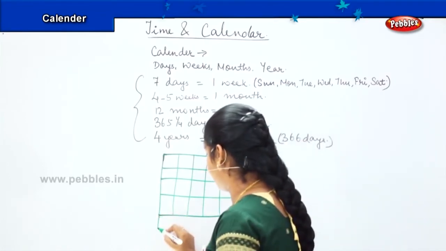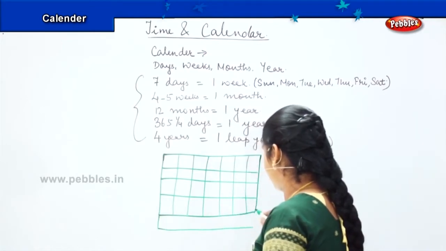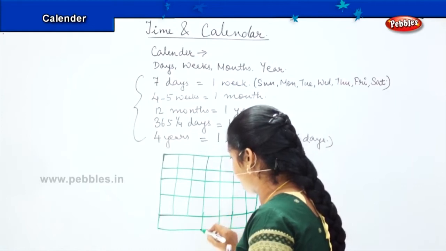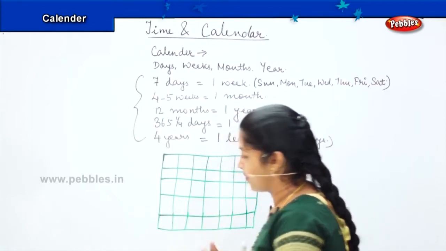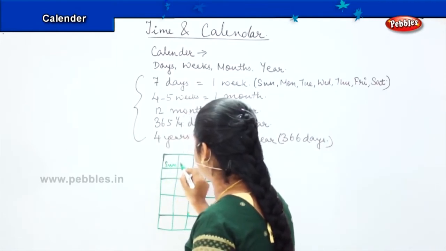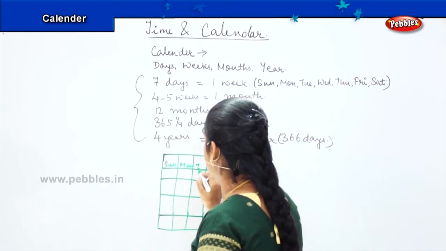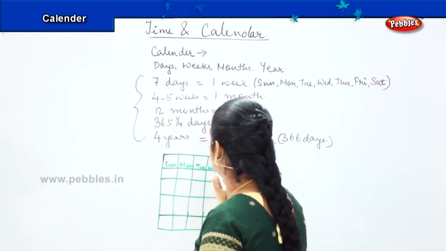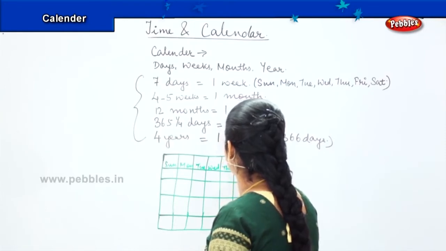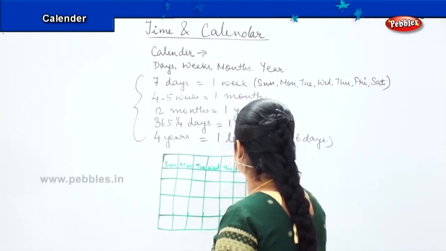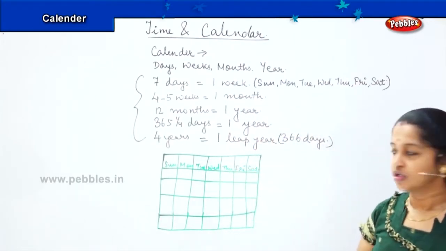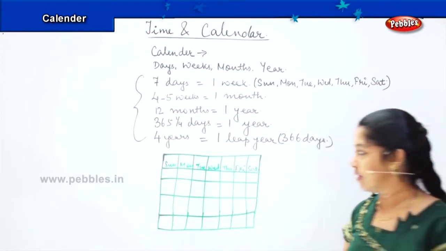Right. Now, starting from here, I write Sunday, Monday, Tuesday, Wednesday, Thursday, Friday, and Saturday. So I have 7 days in a week. So this makes 1 week, right?